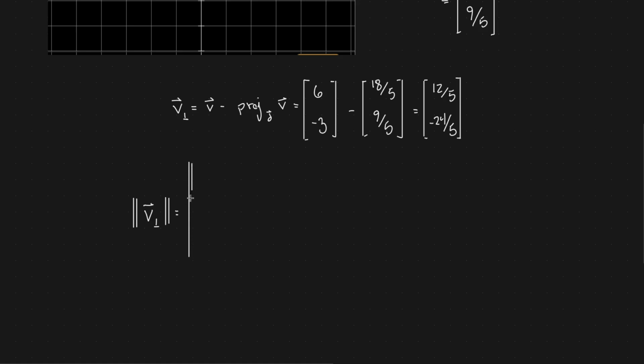So that's the norm of a vector with components 12 fifths, negative 24 fifths. I'm going to make this a little simpler on myself, and I'm going to factor out a common scalar multiple. Specifically, I'm going to pull out 12 fifths. Leaves me with the vector 1, negative 2.